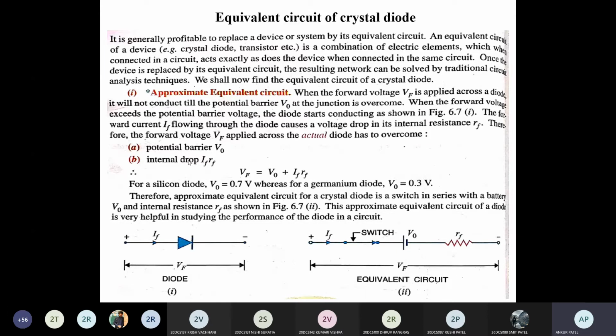So the internal drop of the diode is IF into RF, and the potential barrier is V0. Now, to break the depletion layer, for a silicon diode we need 0.7 volt, and for a germanium diode we need 0.3 volt.